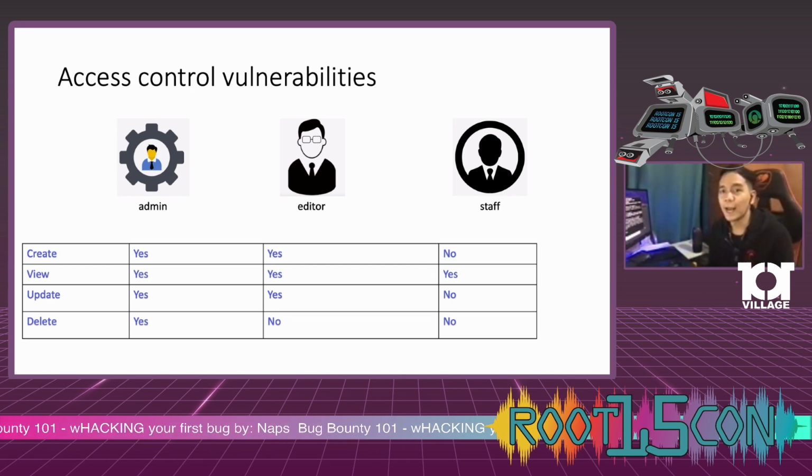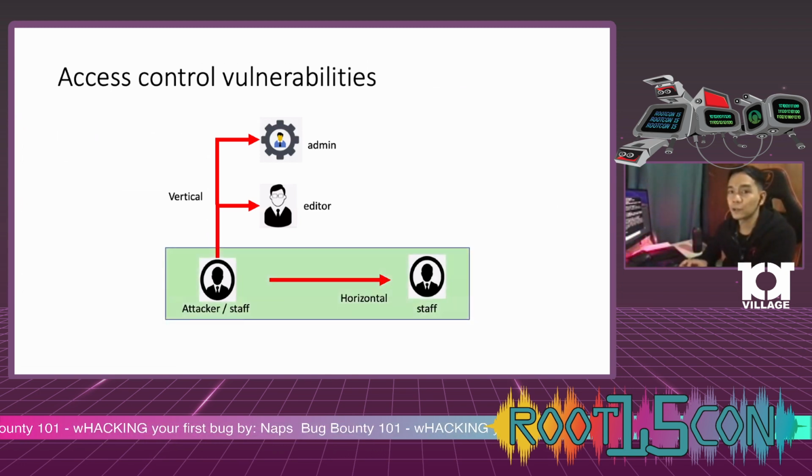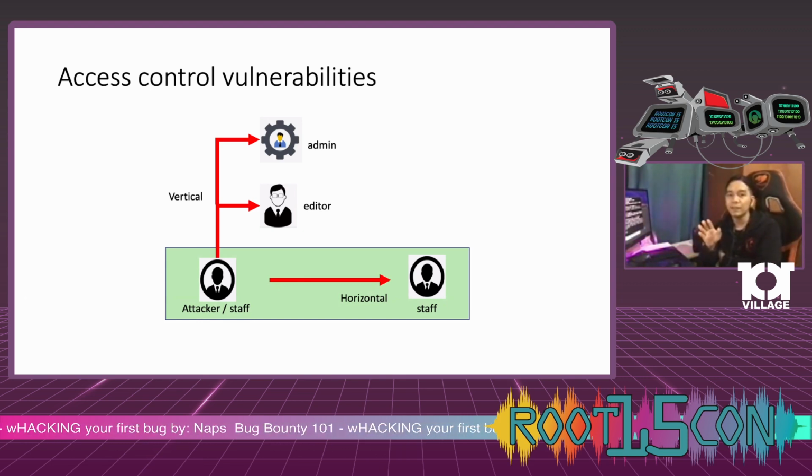For the admin role, he can do everything. But for the editor role, he can't delete. And the staff role can only use the view function, okay? For horizontal IDOR or horizontal privilege escalation, this is when a user gains access to another user who has the same access level as the attacker.